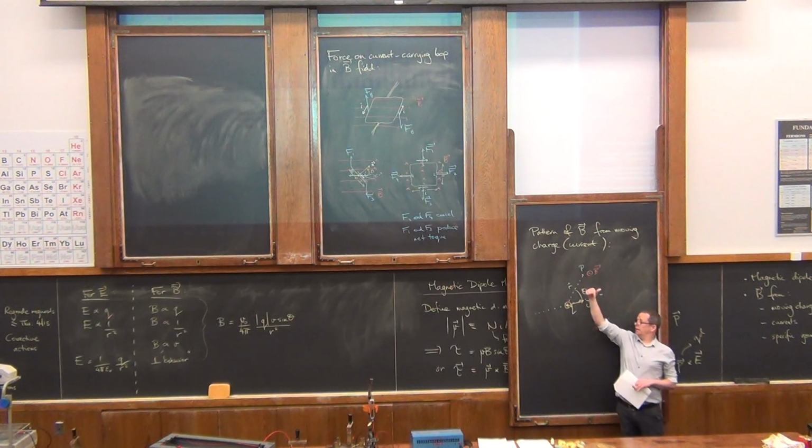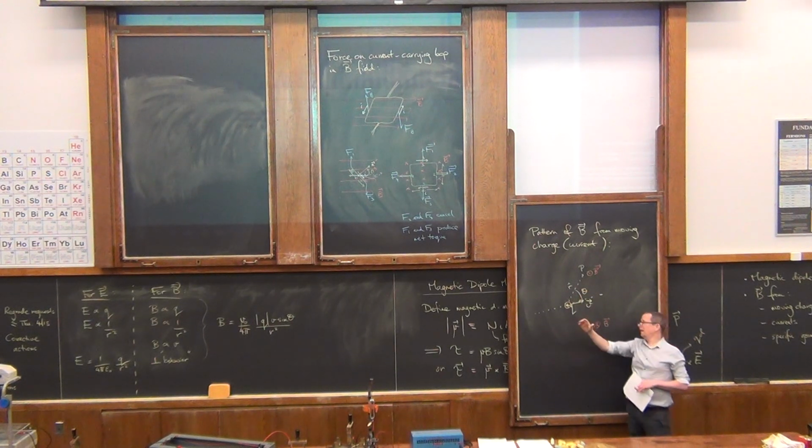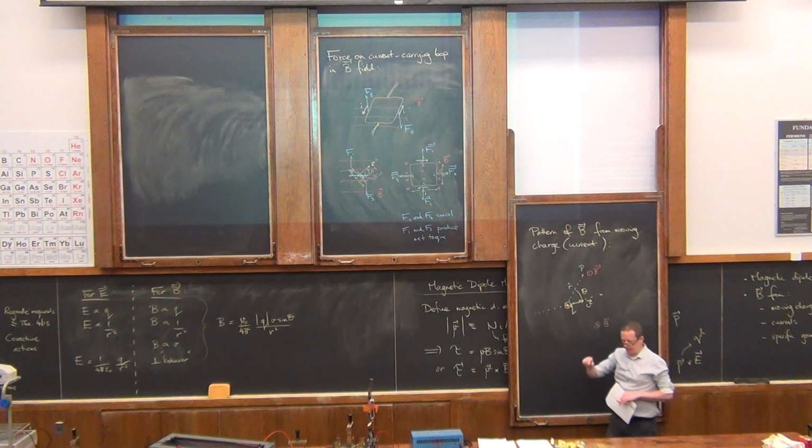So as I come around here, if I'm in a point that's kind of perpendicularly in front of the charge, my right-hand fingers are pointing downwards, and if I'm on the opposite side behind it, my right-hand fingers are pointing upwards. Okay? So let me just draw this in a slightly different way to make sure this is clear.